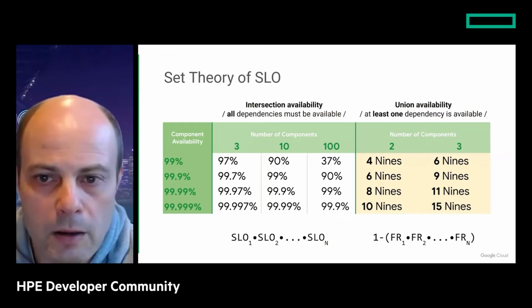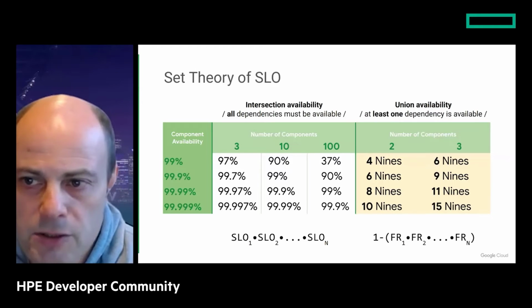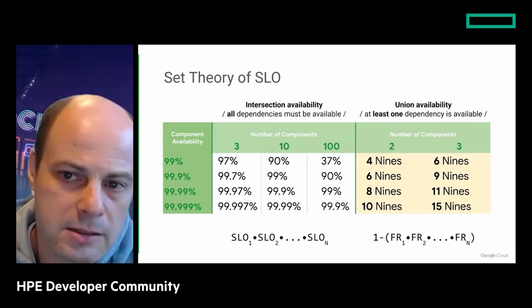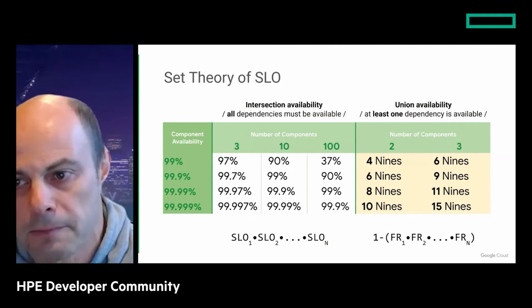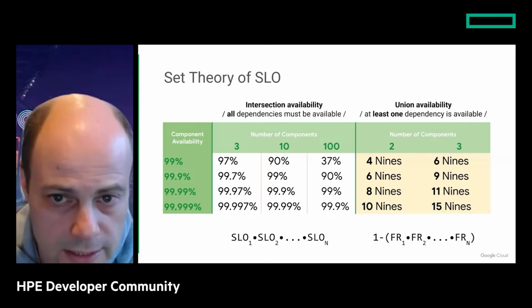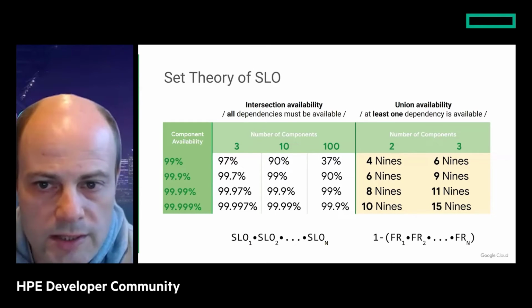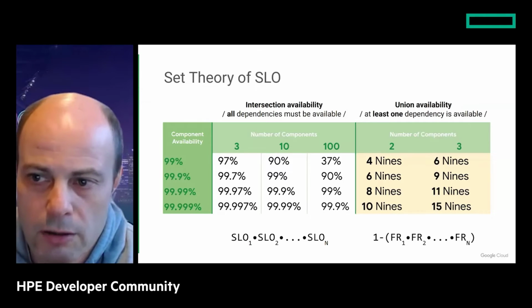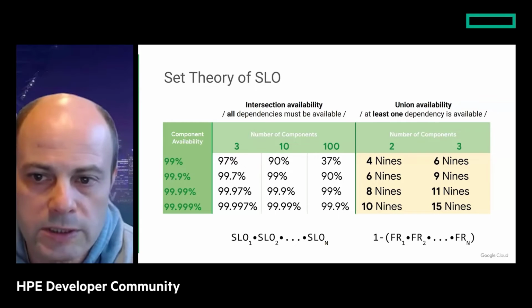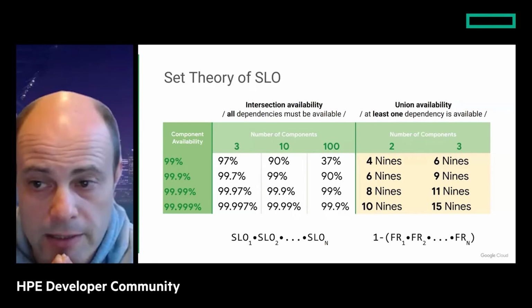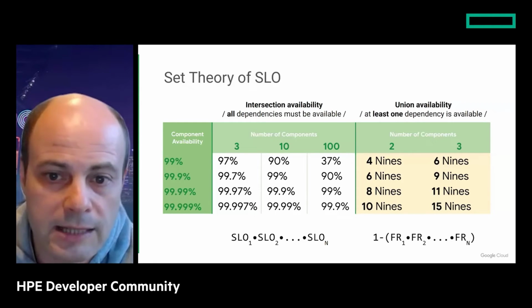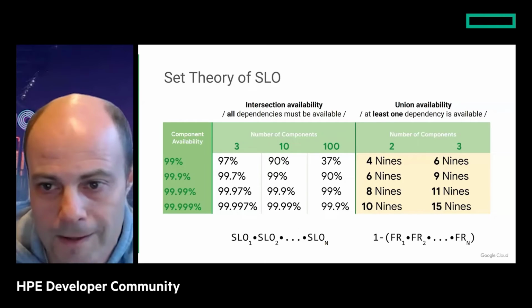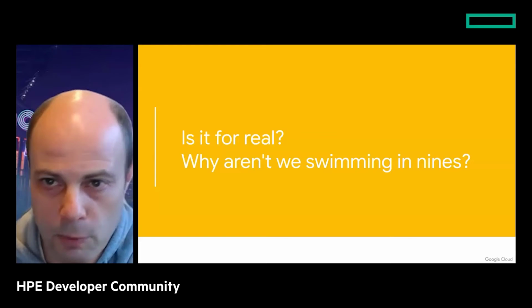And another one where we need at least one of the dependencies to be available, we can call it union availability, and it is calculated as the complement of the multiplied failure ratio of each service. In the chart, you can see the computed SLO for some inputs under each model, with the assumption that all services in the model have the same availability SLO. Looking at it doesn't leave room for question which we want to use, right? So what is the problem?